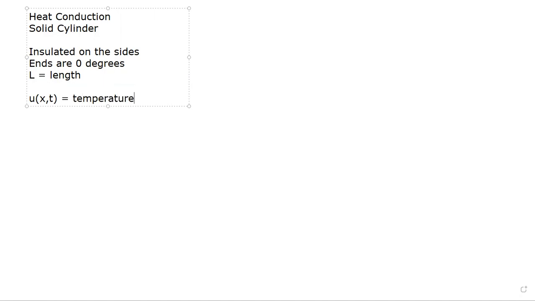So x will be the distance along the rod where we're at, with 0 on one end and L on the other. And then t is going to be time. So depending on where you're at and how long has elapsed, that's going to tell you the temperature of a specific spot on the rod.